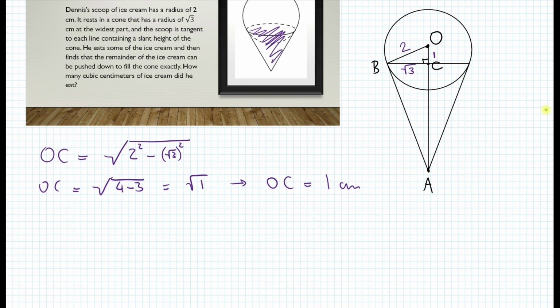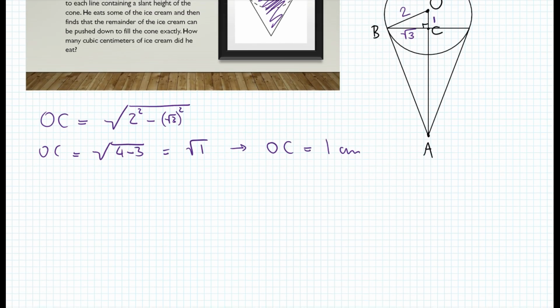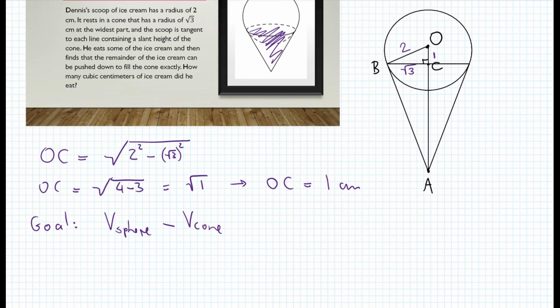So in reality, what you want to find, and let me write this here, that's the goal here, is the volume of the sphere minus the volume of the cone. Because think about this: if you subtract the volume of the cone from the volume of the sphere, you end up with the volume that Dennis was able to eat.